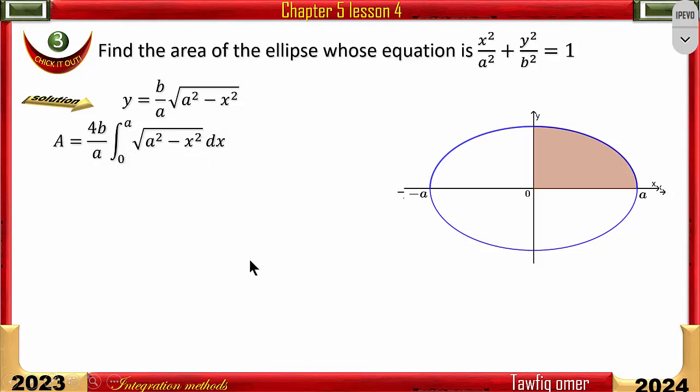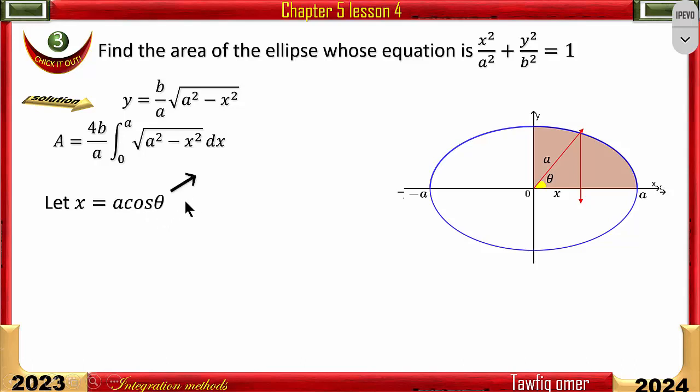As we did in the example, we are using substitution to find this integration, by taking x equal to a cosine theta. As we did before, this is theta, this is x over a, and multiplying, x is equal to a cosine theta.